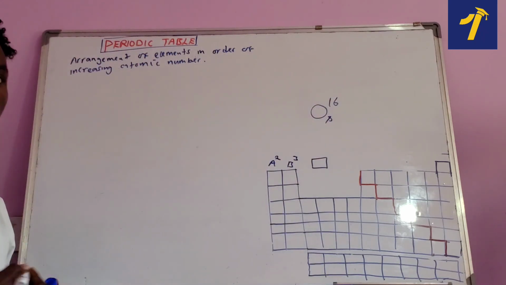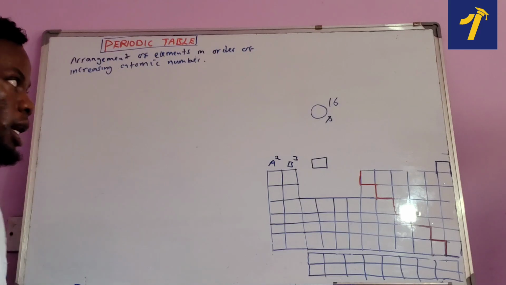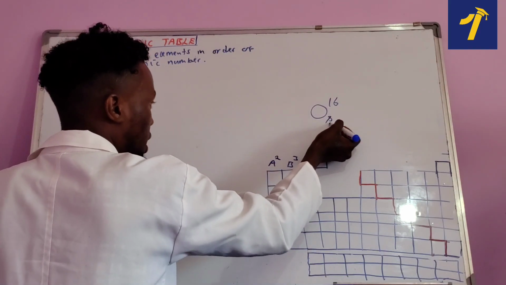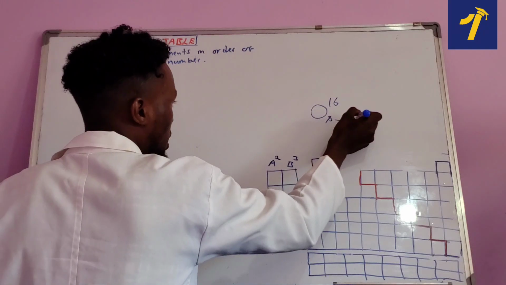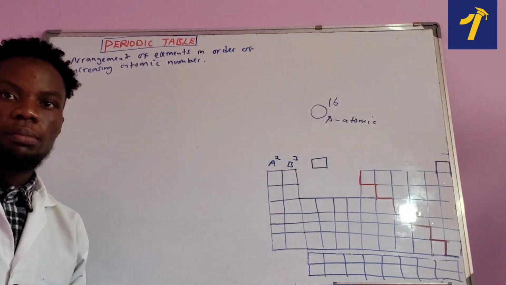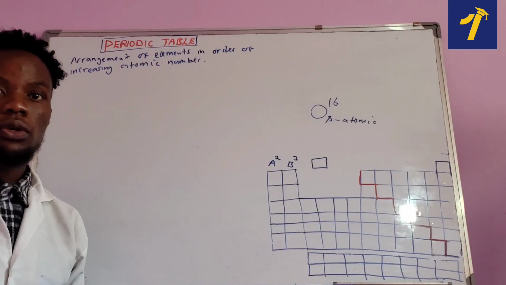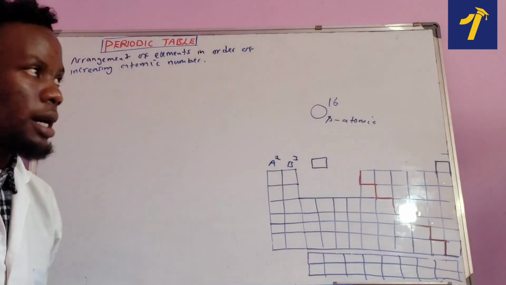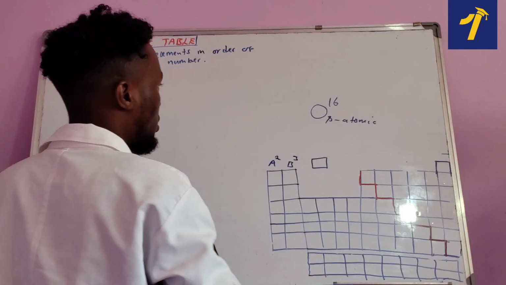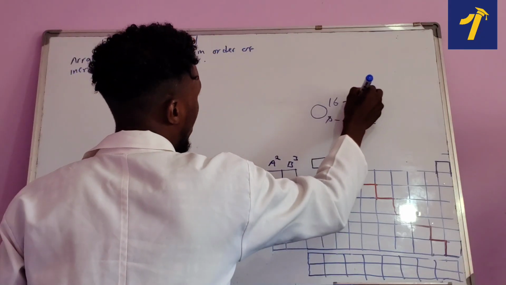If I say atomic number, I mean the number which is here below, which is 8. 8 is an atomic number. The other term that we use apart from atomic number is electron number. Now the number which is 16 here, this is what we call the mass number.